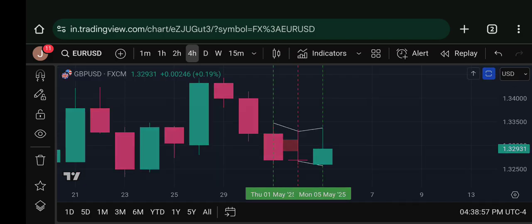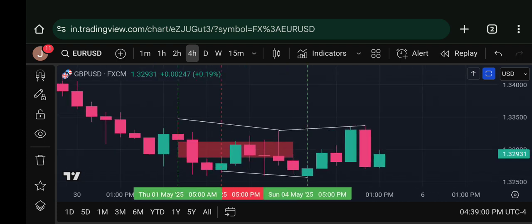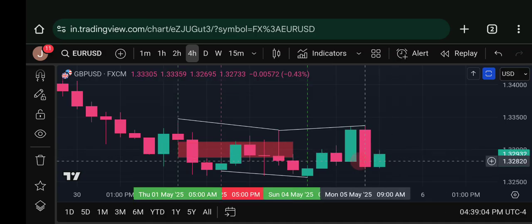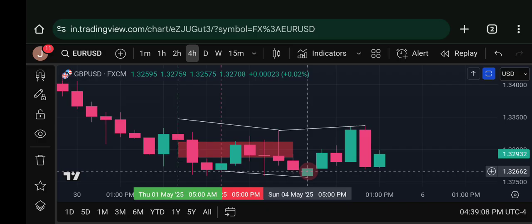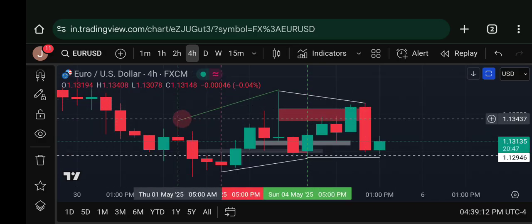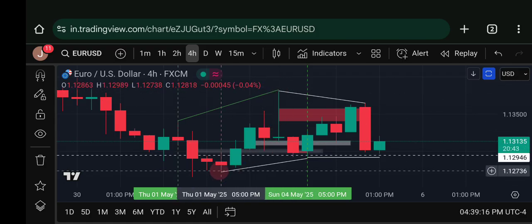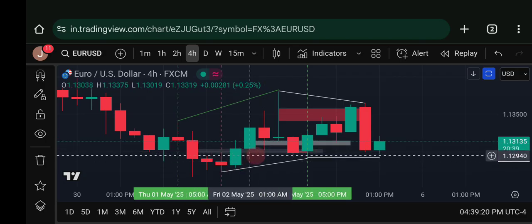So my bias was bearish. As we can see, there was a bearish fair value gap which GBP respected and made a sell side equity sweep by making a lower low than the swing lows here. And Euro, surprisingly, made a buy side equity sweep here and was expected to go to the sell side liquidity, but that did not happen. Why? Because there was a bullish fair value gap here.